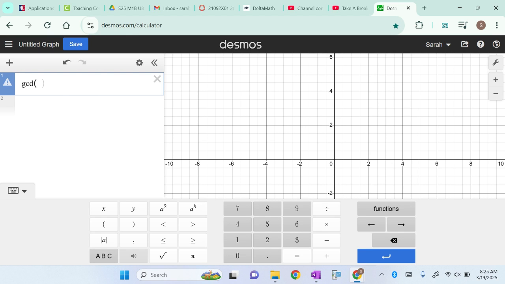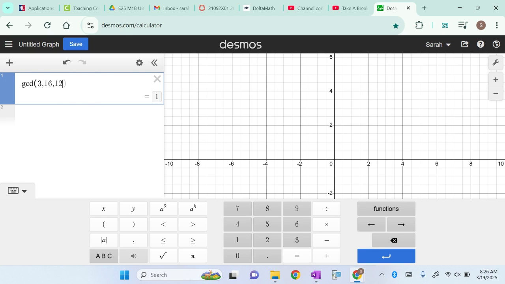So if you click GCD, this will pop up. And all you do is type in your numbers separated by a comma. So 3, 16, 12. And right there, in the bottom right corner, 1, that's actually the GCF. So if the GCF is 1, then there's no GCF.